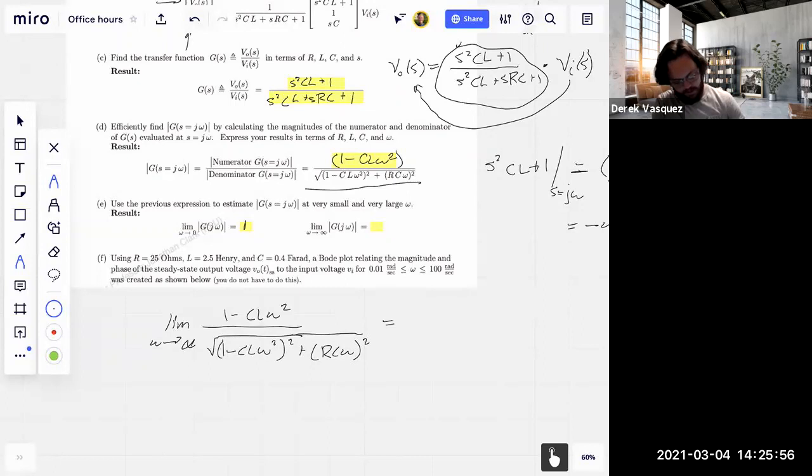If we just plug in infinity, we get 1 minus infinity in the numerator and 1 minus infinity squared plus infinity in the denominator. So that's probably negative infinity. So we're going to take the derivative of both of these.